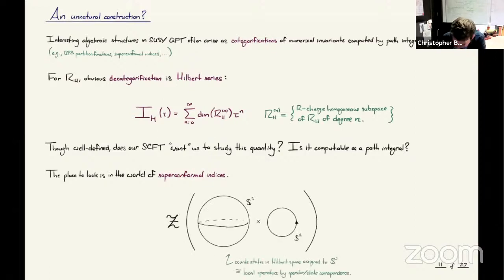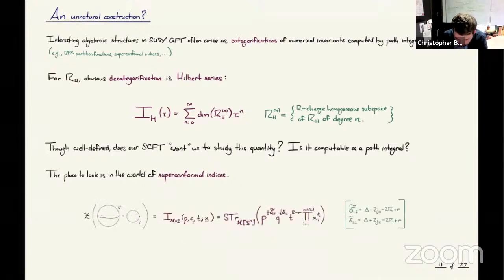And from a path integral point of view, these correspond to some sort of S3 times S1 partition functions, where you're counting states in the Hilbert space that your theory assigns to the S3, which are the same things as the local operators in your theory due to the operator-state correspondence. Okay.